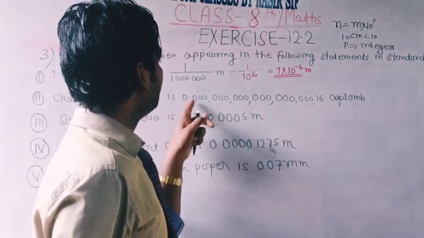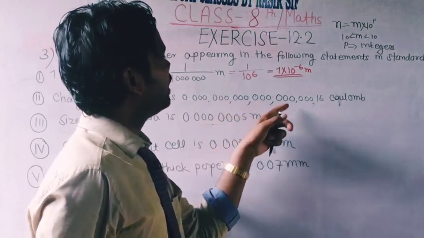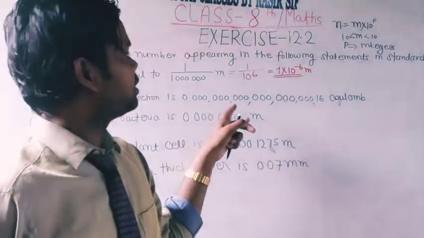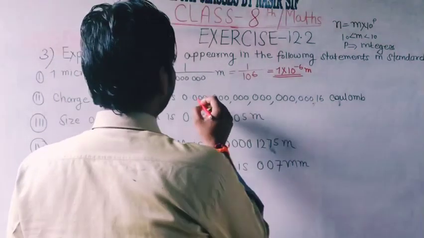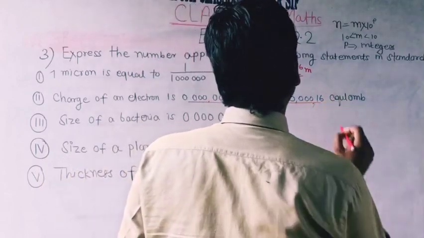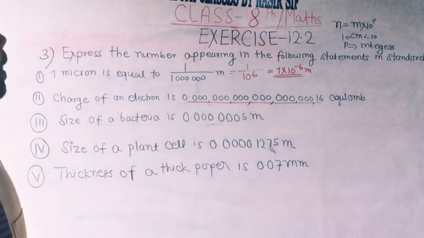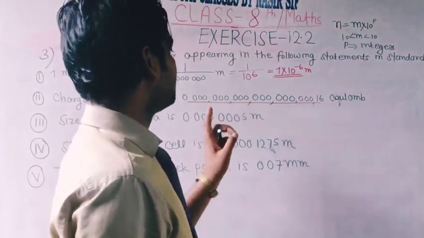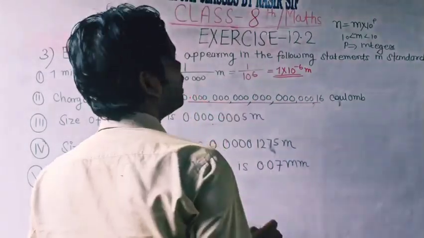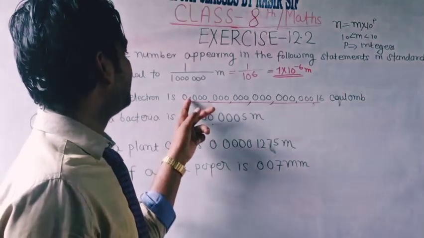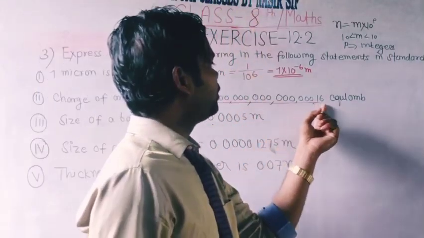This is a very small number, so to express it in standard form, we move the decimal from left to right, between 1 and 6.